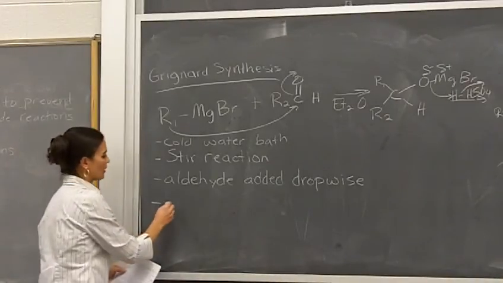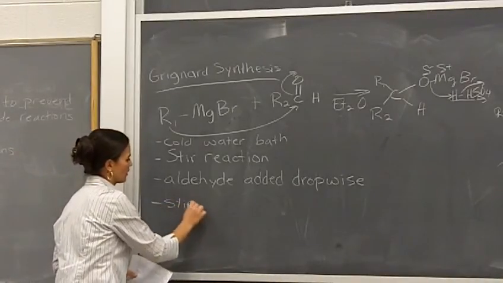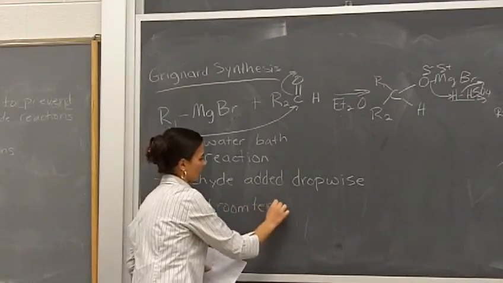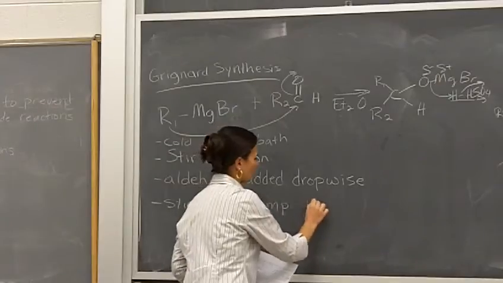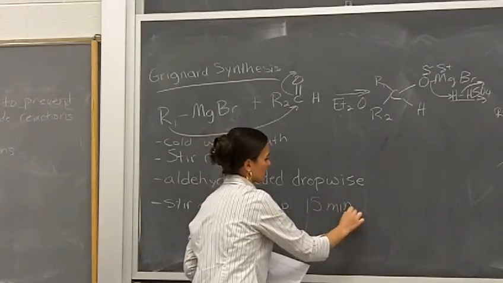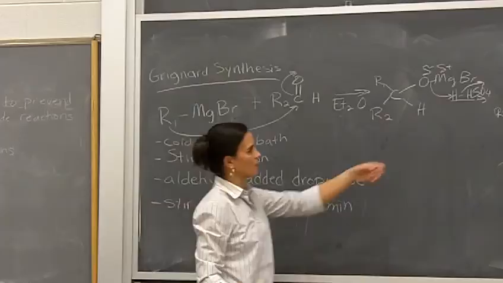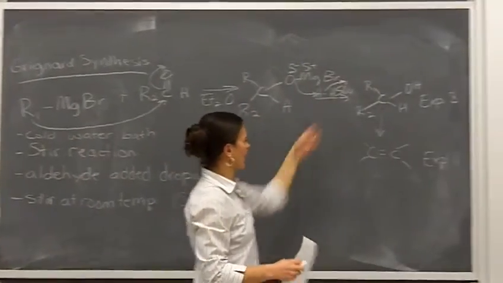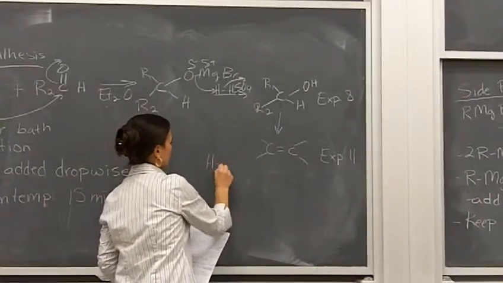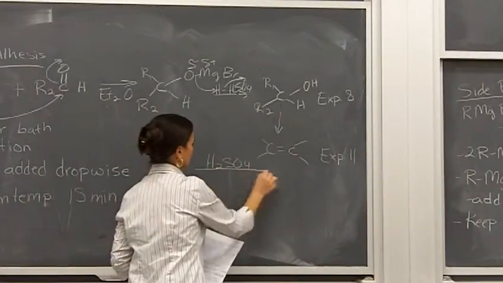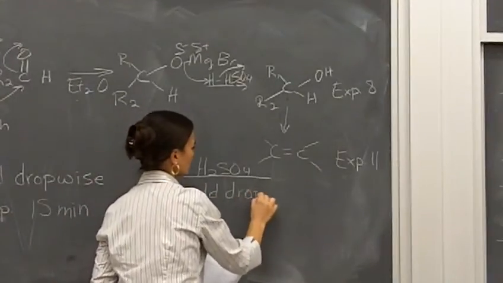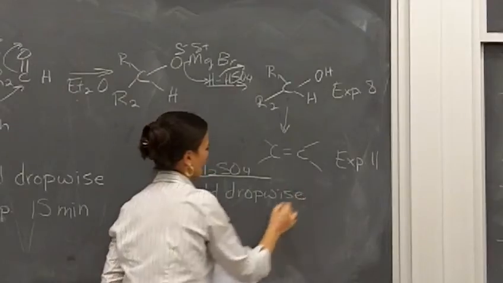When you are done with the aldehyde addition, then you're going to stir at room temp for 15 minutes, okay? So just remove your bath, stir it at room temp for 15 minutes. During that time, then prepare your sulfuric acid solution, okay? Then, with the sulfuric acid, you're going to add that dropwise, okay?